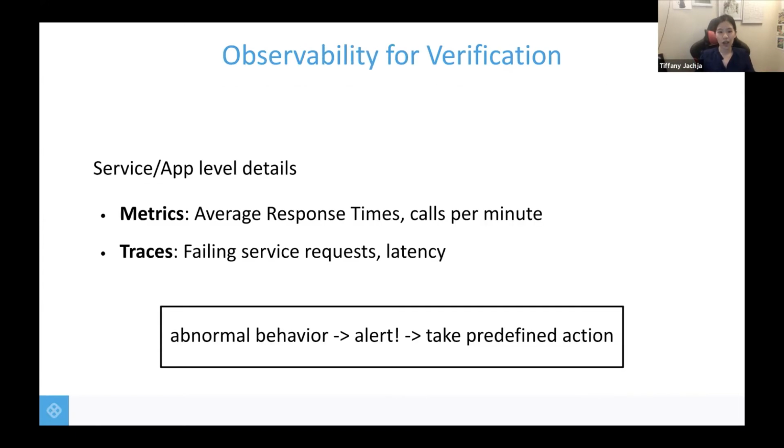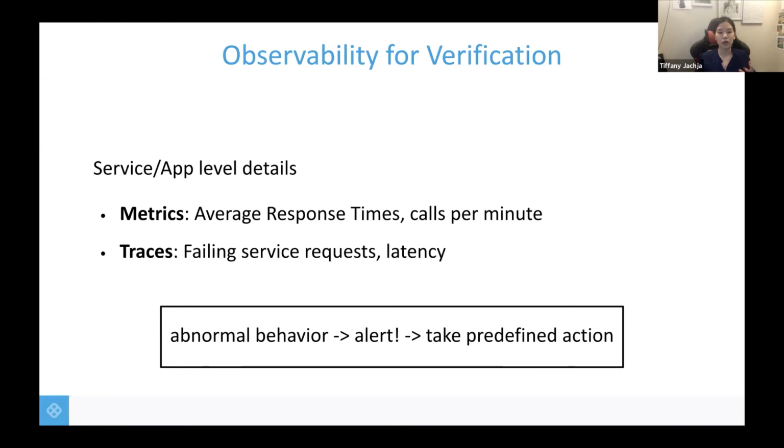And so really when you want to introduce the idea of observability for verification, you want to include service or app level details, not just system details, but really what's going on in your application. And so I included a couple of metrics and trace information that you want to capture within your software delivery process or your pipeline. And that's primarily through average response times and calls per minute for your metrics.